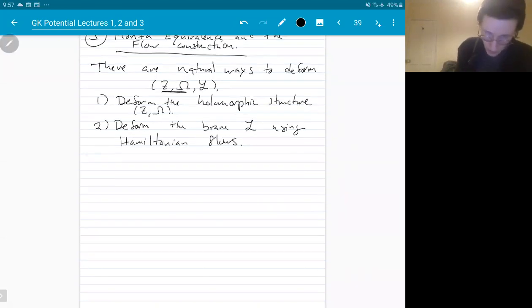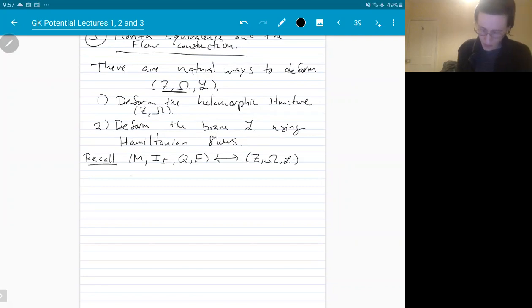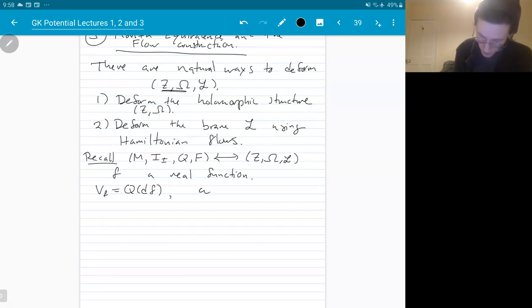So let's recall the simplest form of the flow construction, which was the following. We have M, I plus minus, Q, F, corresponding to Z, omega, L, and we have F, a real function. Remember how the flow construction works. We took the Hamiltonian vector field of F and this 2-form omega, which was dd bar of the function.